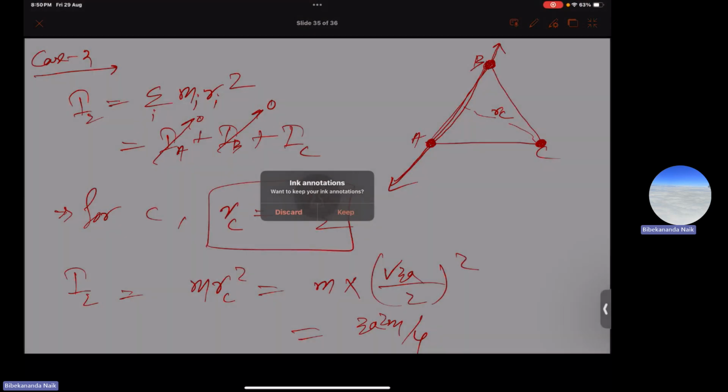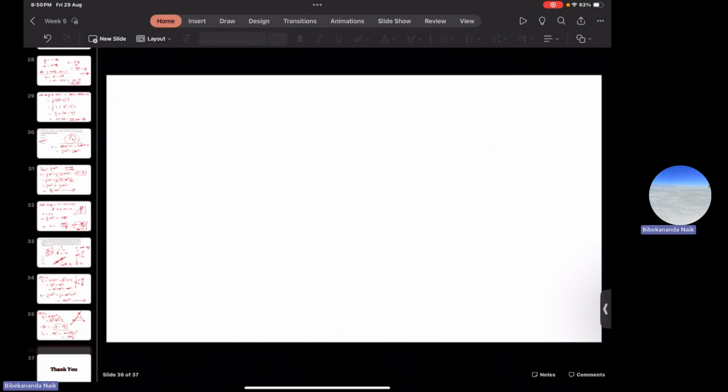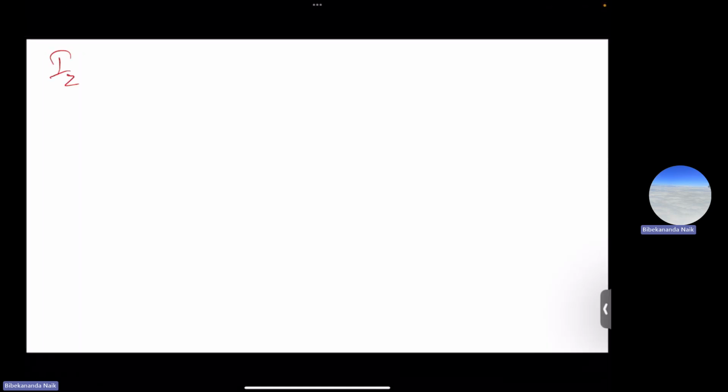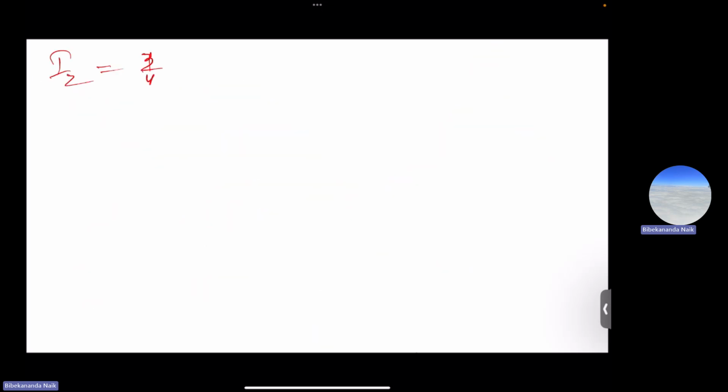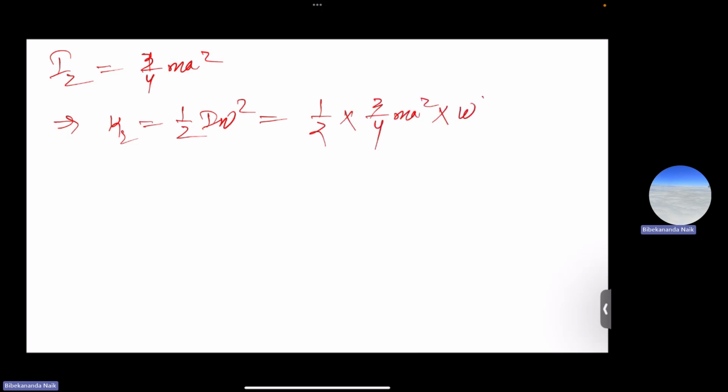So I2 is 3 by 4 M A square. That implies K2 is half I omega square, half into 3 by 4 M A square into omega square, so 3 by 8 M A square omega square.